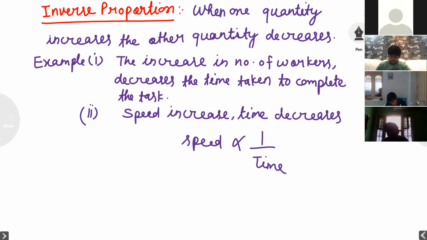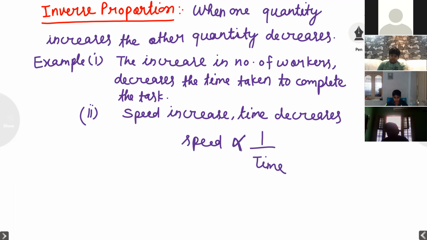Speed and time are both inversely proportional. The symbol is called the proportionality symbol. In the case of inverse, we say inversely proportional. Speed is inversely proportional to 1 by time. It means if I am increasing the speed, then the time will decrease.